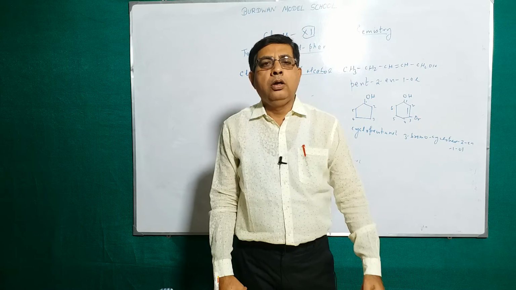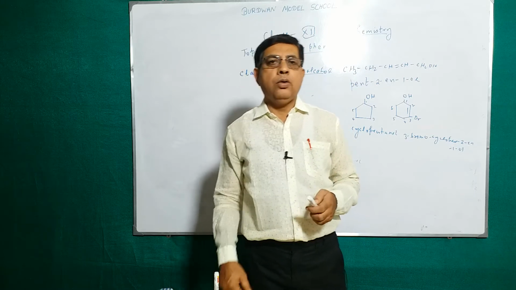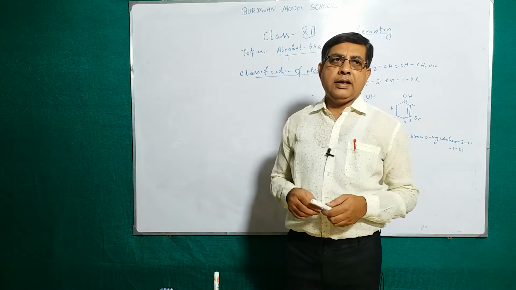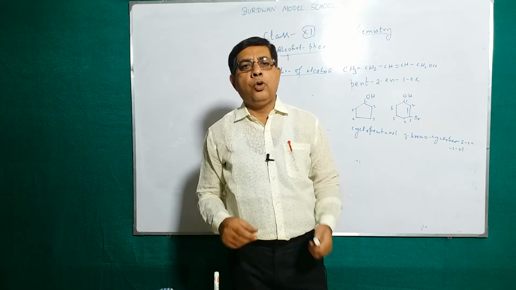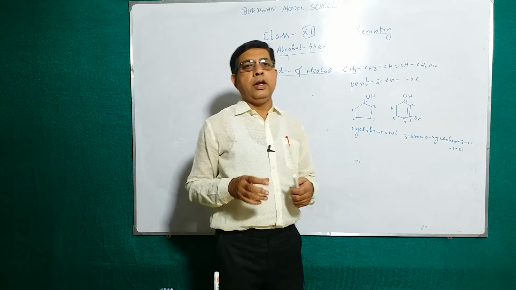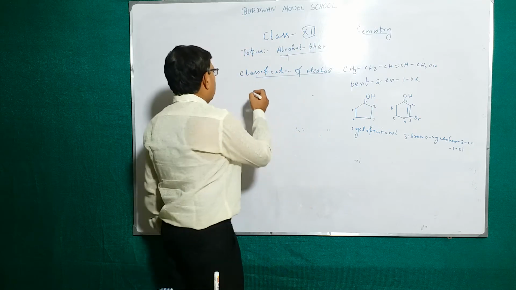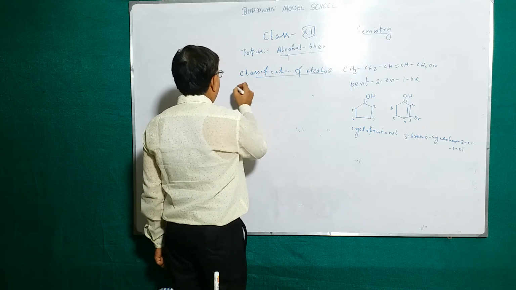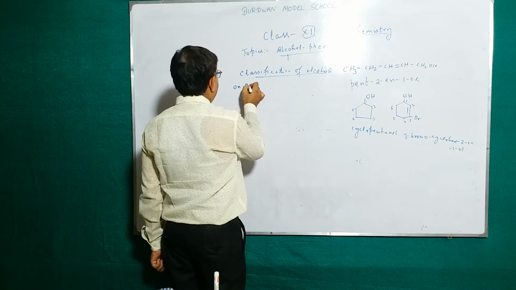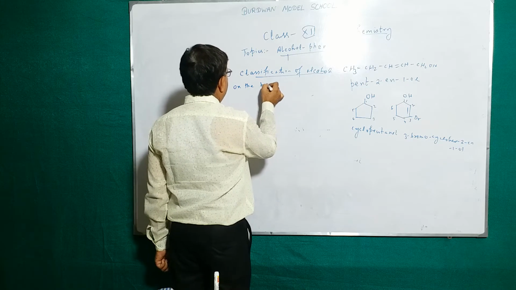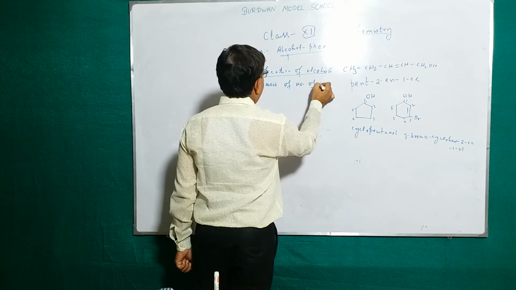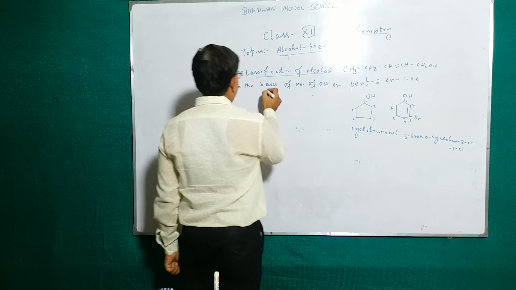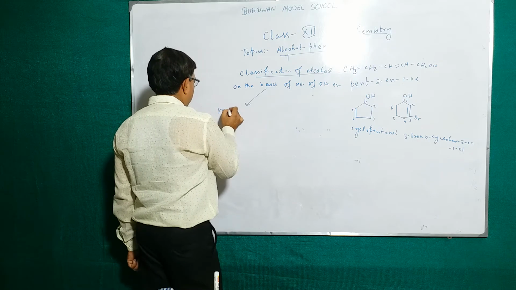Monohydric alcohol which contains only one OH group, dihydric alcohol which contains 2 OH groups, and polyhydric alcohol which contains more than 2 OH groups.